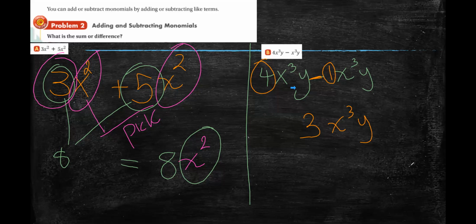Teacher, does the exponent have to be the same in adding and subtracting? Yes, it must be the same. Like with fractions, if you have the same denominators, you can add. If they don't have the same denominator, you cannot add. Here also it is the same. If you have the same variables, you can add. If you don't, you cannot add.